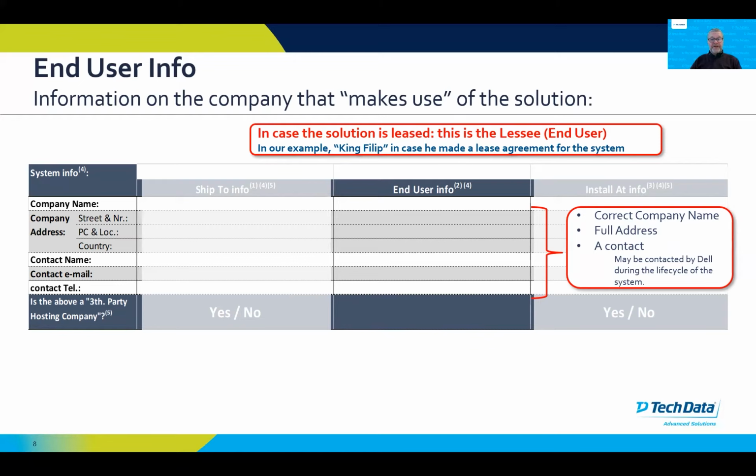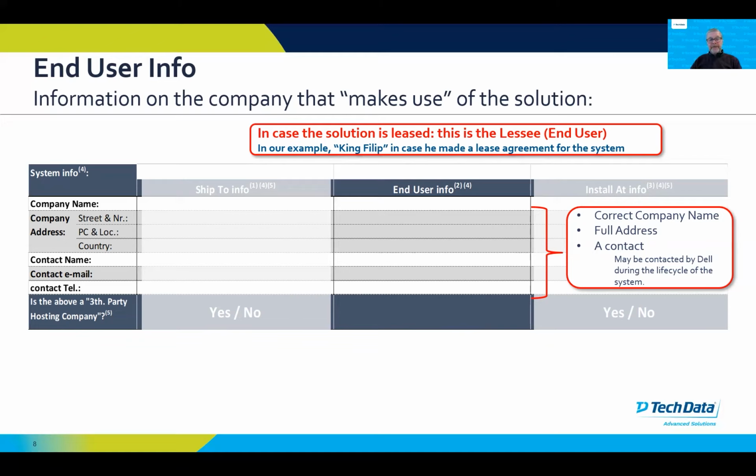Although the financial institution may be the entity who places the order for the system and is as such the owner of the system, in the end user details segment, we need to include the details of the company who is making use of the system.